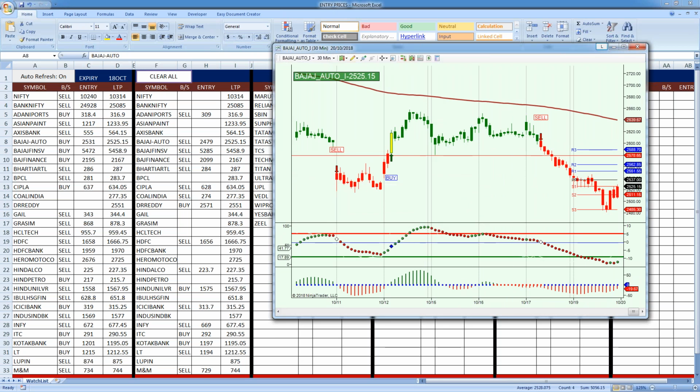And the other part of it is I have something called a trend indicator. I will get you the trend indicator.